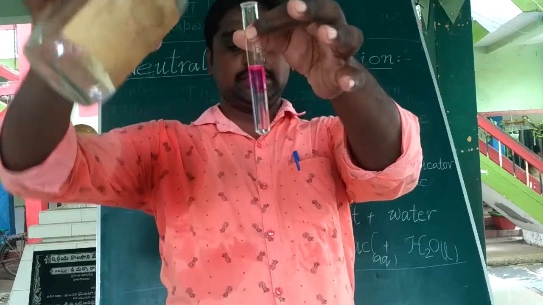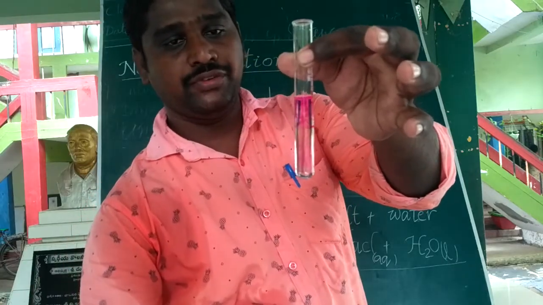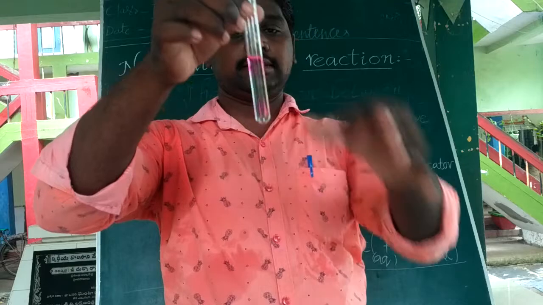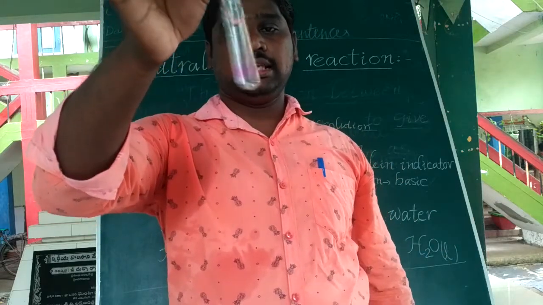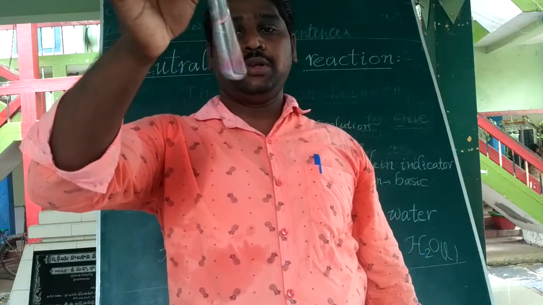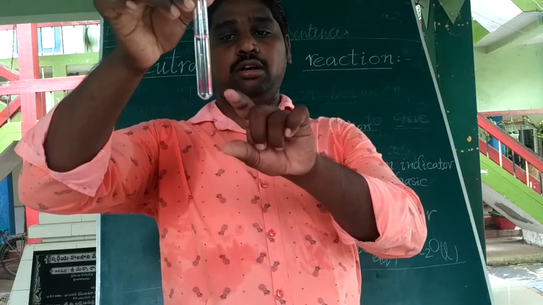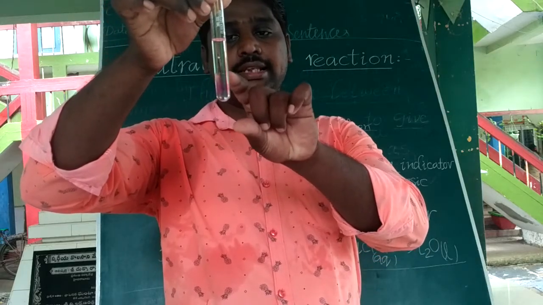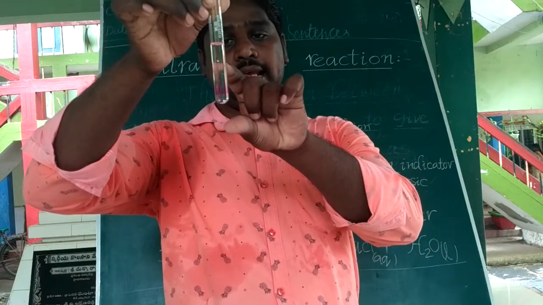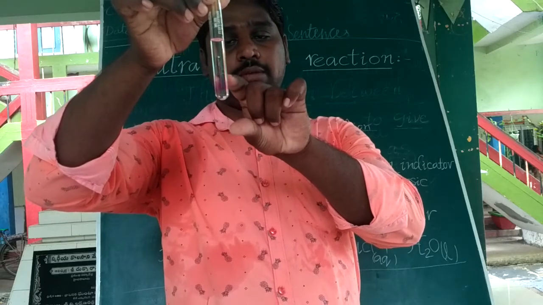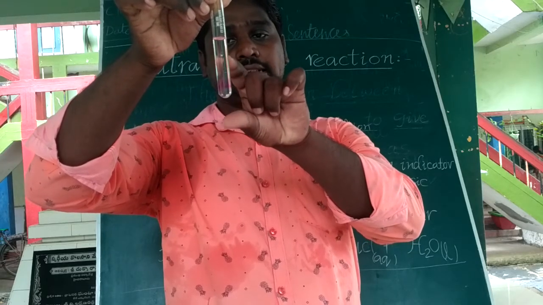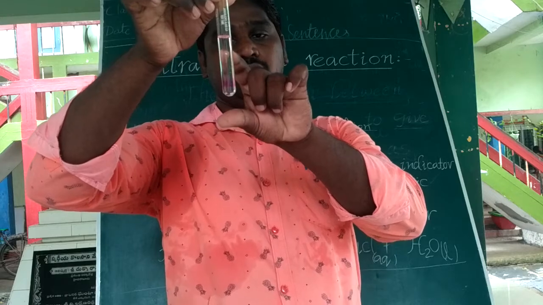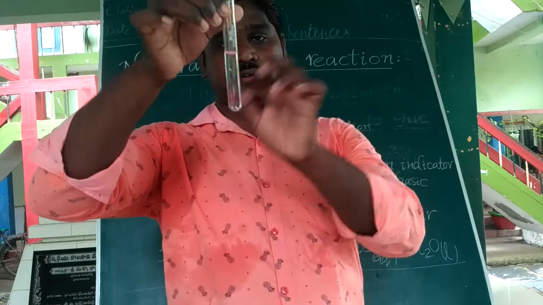Students, you notice that the color of the pink solution changes into colorless. Why? Because the base is neutralized by an acid. Here the base reacts with an acid to form salt and water.